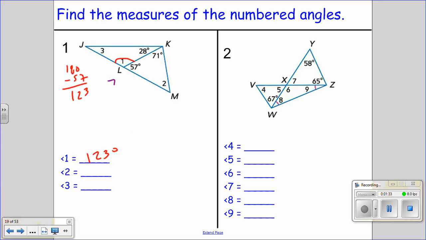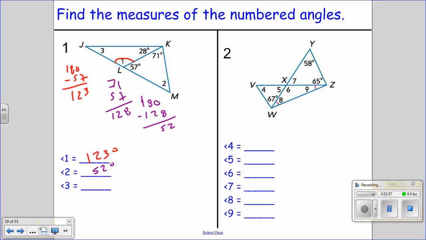So 71 and 57 would give me 128, and then 180 minus 128 would give me 52. So 2 is 52 degrees.